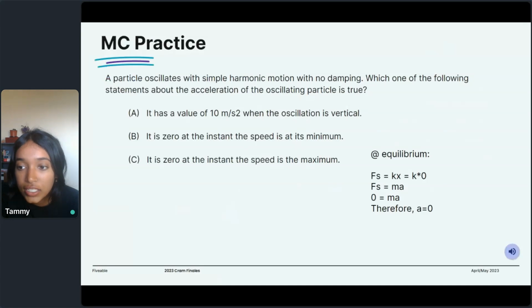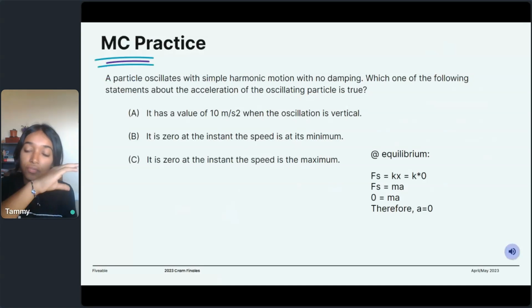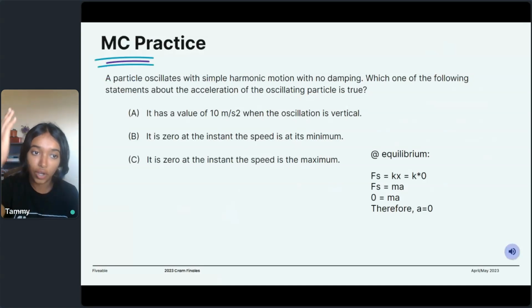Lily, I guess you're right, because we're talking about a vertical system here, not a horizontal.